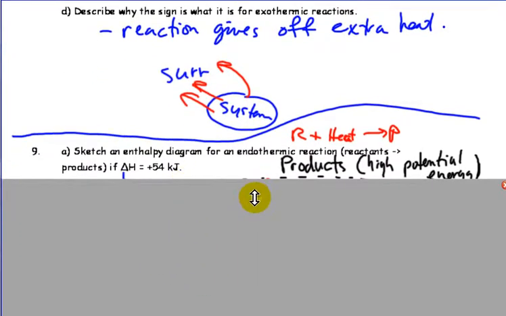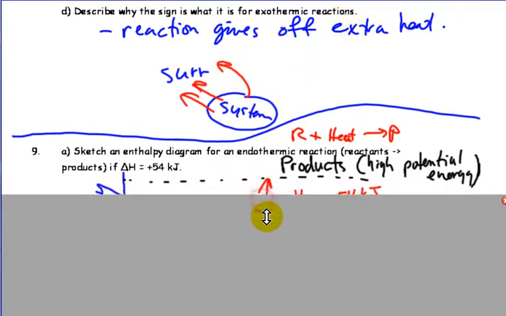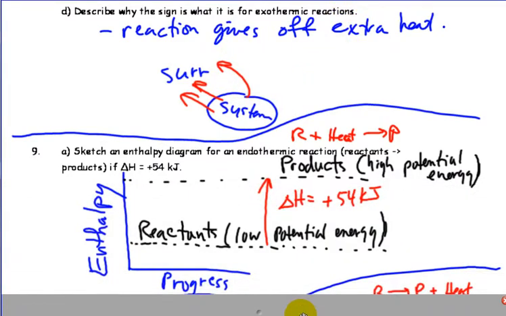Another way we can look at endothermic and exothermic reactions, in terms of an equation or positive or negative values, is as an enthalpy diagram. So for example, endothermic, we need to add heat into it, so we can think of reactants having low potential energy, as I mentioned before. We have to add in extra heat to form the products that have a higher stored energy amount.